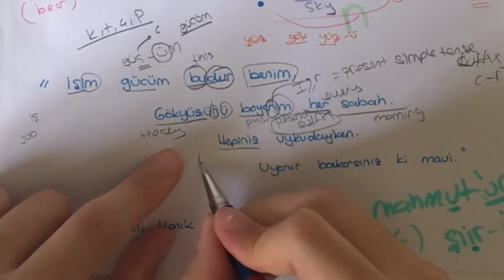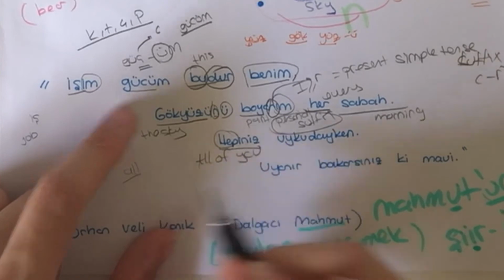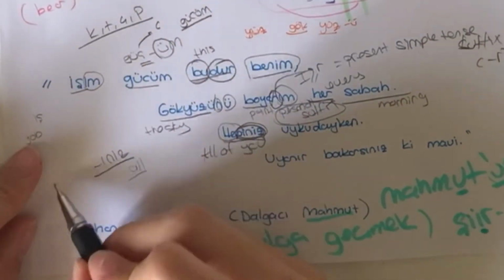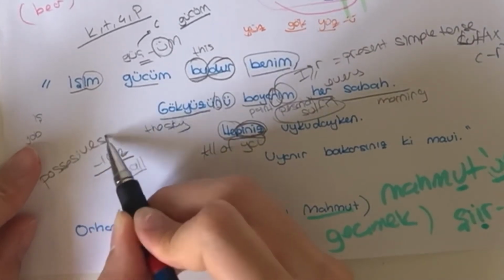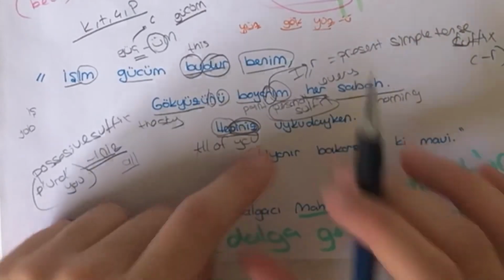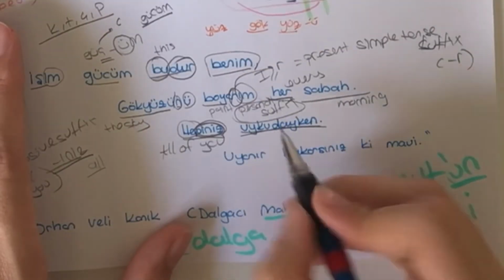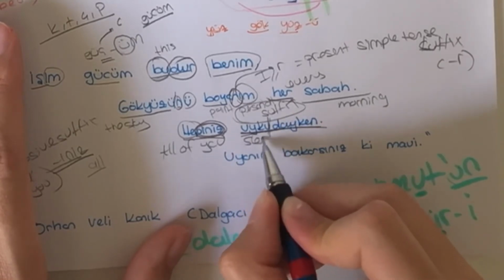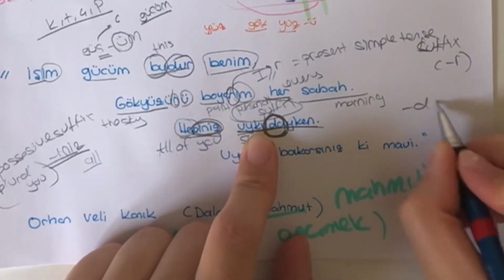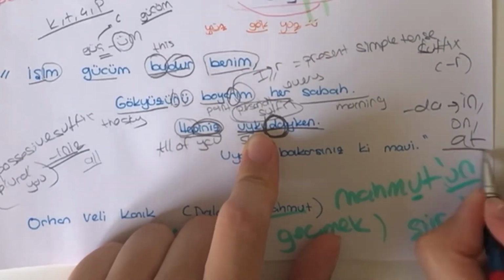Hepiniz, all of you. Hep also means all the time, all. Hepiniz, iniz is also the possessive suffix of plural you. All of you, when all of you are asleep. Uykuda. Uyku means sleep. Da, as my friend requested, is used as in, on, at.